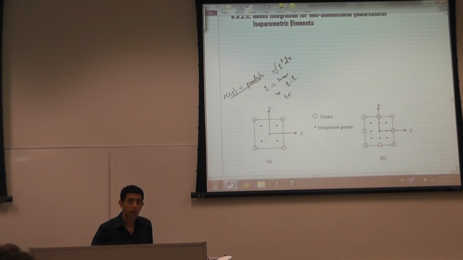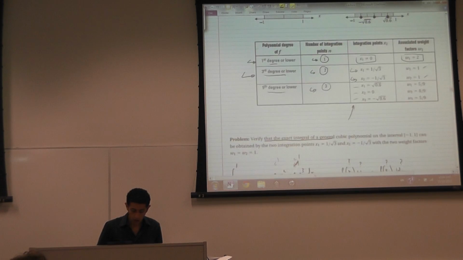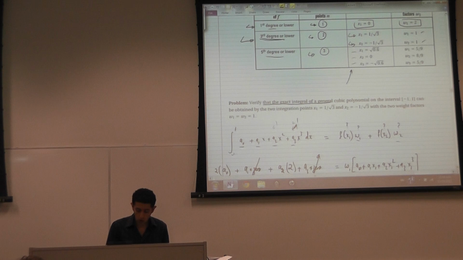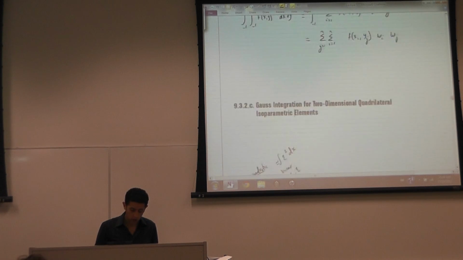So for quadratic functions, for 3rd degree or lower, 2 integration points are good enough in 1 dimension.